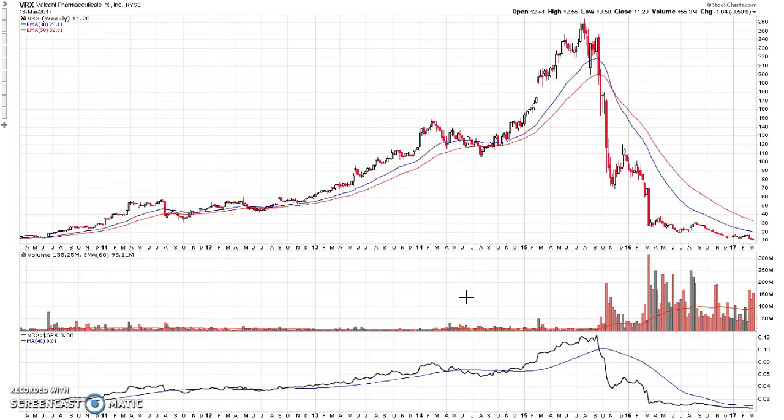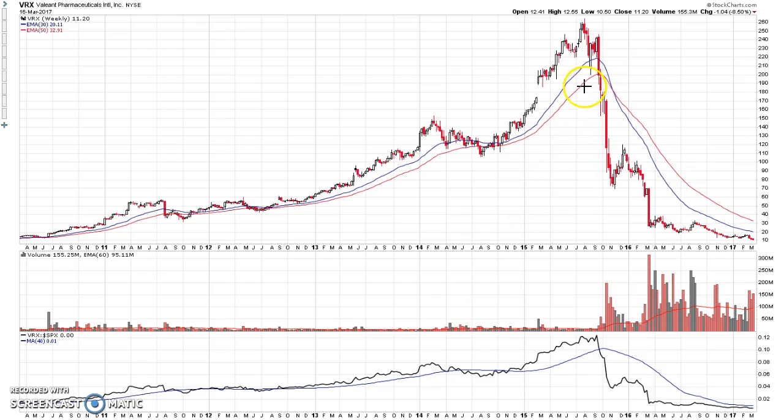Valeant Pharmaceuticals is a great example of why I switched my trading philosophy to a trend following system using stage analysis. In my opinion, the problem with fundamental analysis is it's hard to tell when a fundamental problem with a stock actually evolves into something major that causes major losses within the stock, or maybe a bear market in an index of stocks.